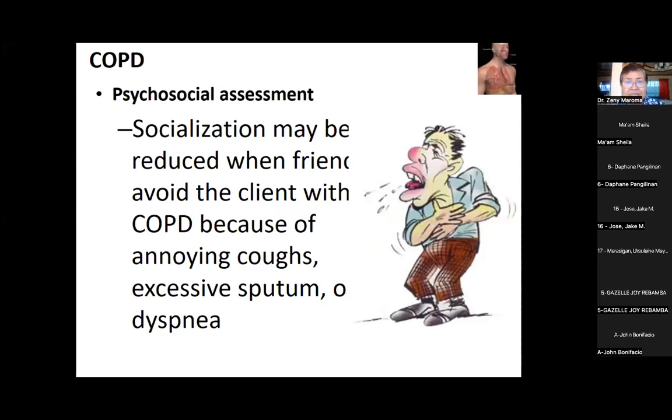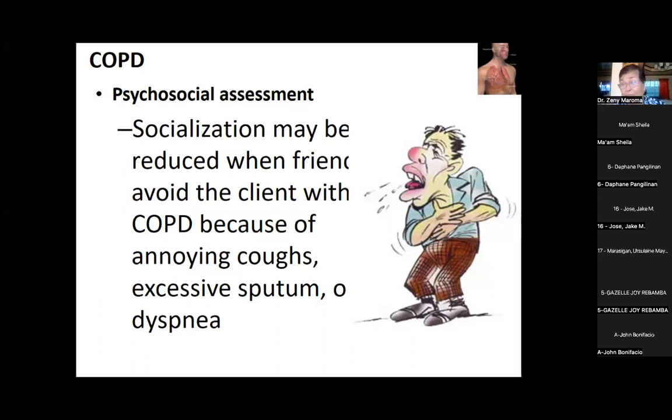Psychosocial assessment. Socialization may be reduced. Pwede siyang iwasan ng kanyang mga kaibigan, ng kanyang mga kakilala. Kasi naiirita din sila doon sa chronic cough and excessive sputum. Or yung dyspnea, okay lang. Pero yung annoying cough, no? Na kumakain, tapos kasama mong kumain, tapos bigla na lang uubo nang matunog at alam mo, maraming plema. Pwede ka iwanan ng kaibigan mo. Pag iniwanan ka ng kaibigan mo, hindi true friendship yun. Okay?